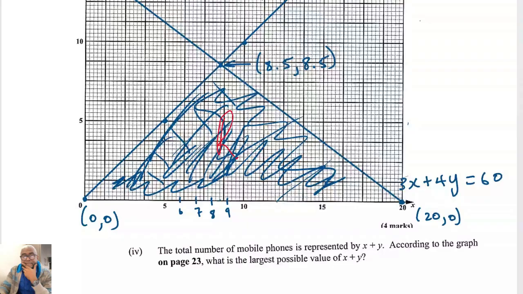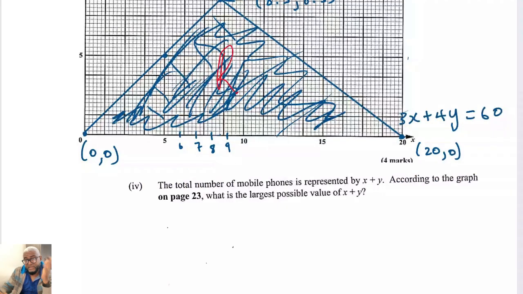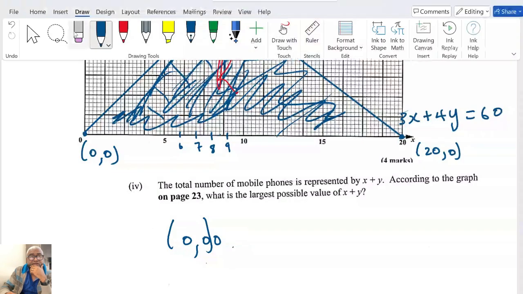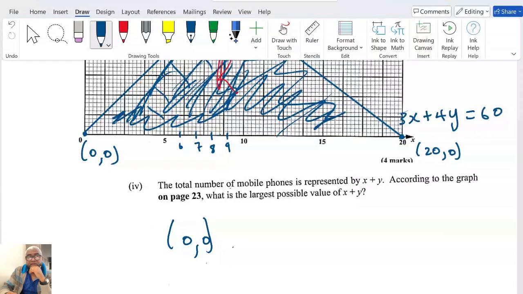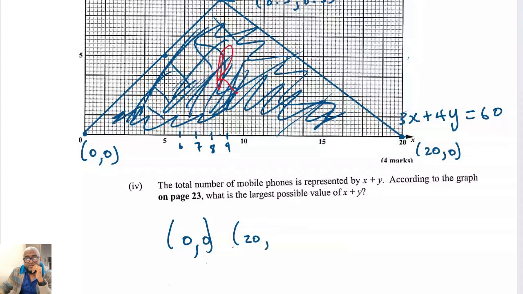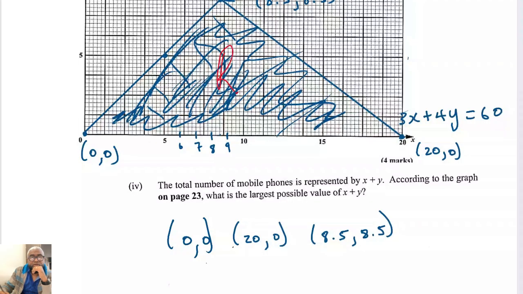Which one will be the largest possible value for x plus y? The coordinates we are examining would be 0, 0, which definitely can work, 20, 0, and 8.5, 8.5. Which one has the largest value for x plus y?